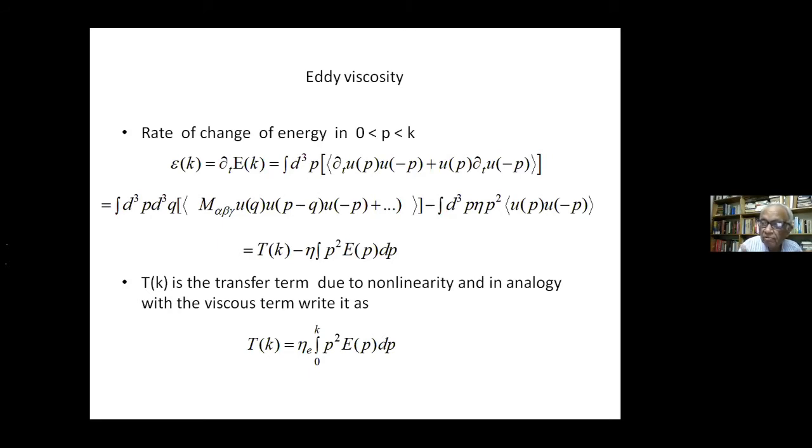So if I look at the energy crossing from below K to above K per unit time, it has to be independent of K. So I'm calculating the transfer rate because of the nonlinear interactions and asking that it be independent of K.